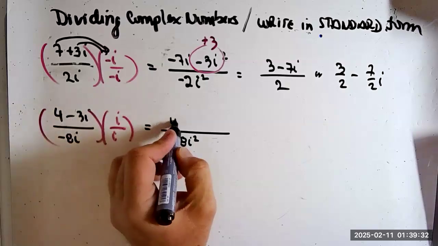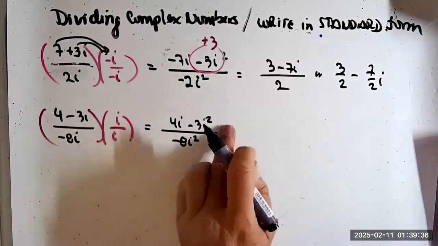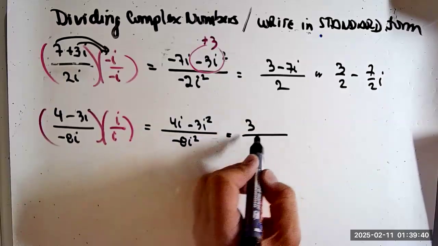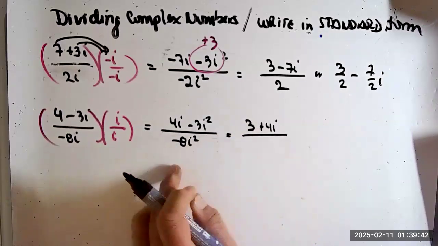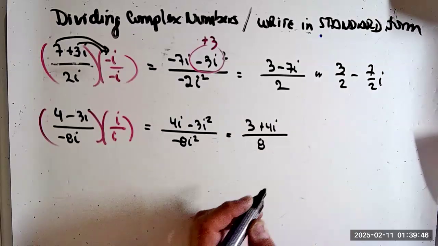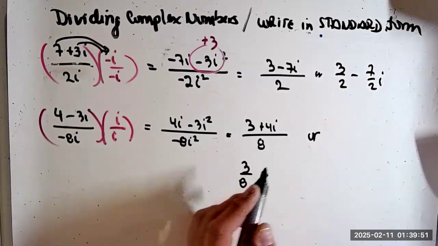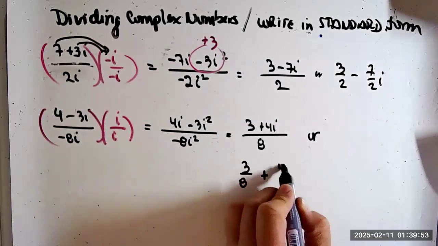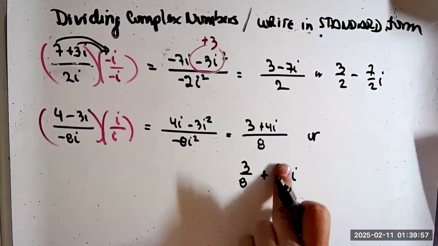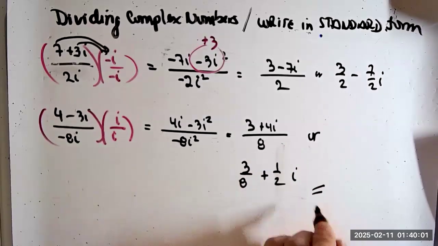Numerator, 4 times i, 4i, negative 3i squared. Of course, this one becomes positive 3 plus 4i over 8. Or 3 eighths plus 4 over 8i. But 4 over 8 is the same as 1 half.